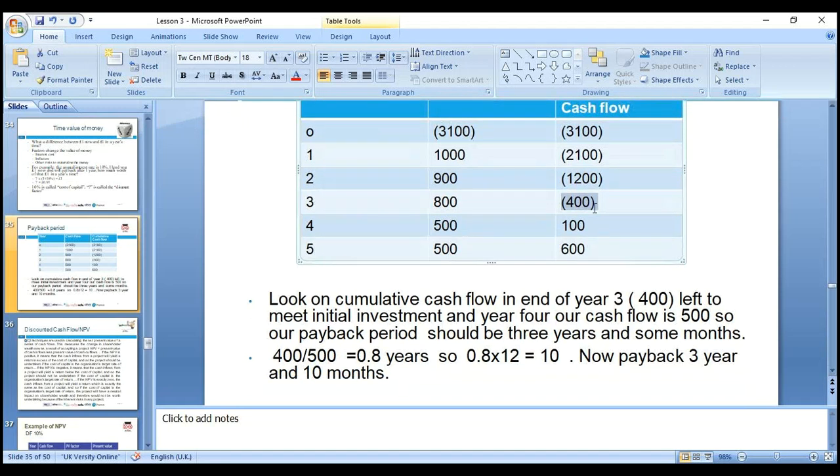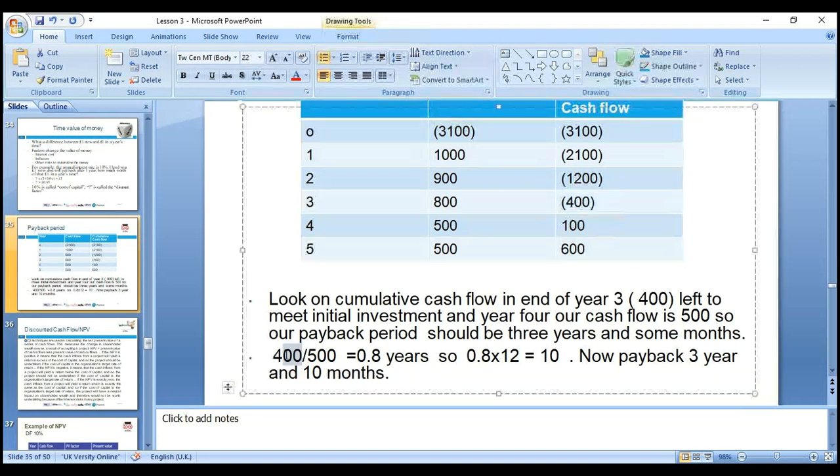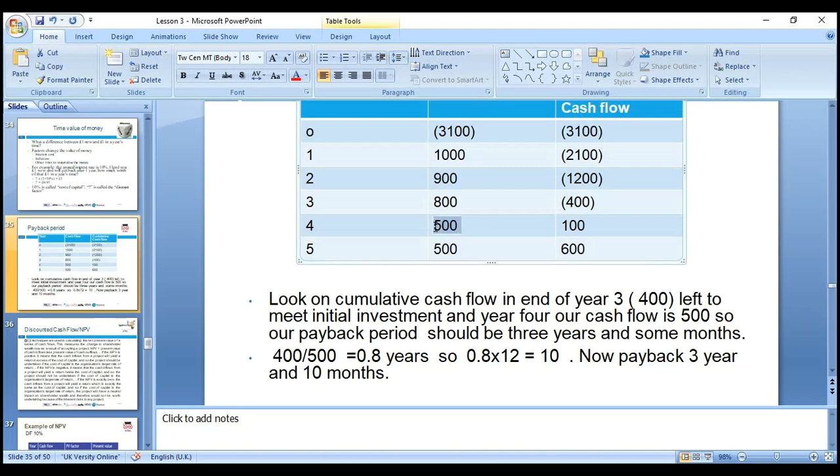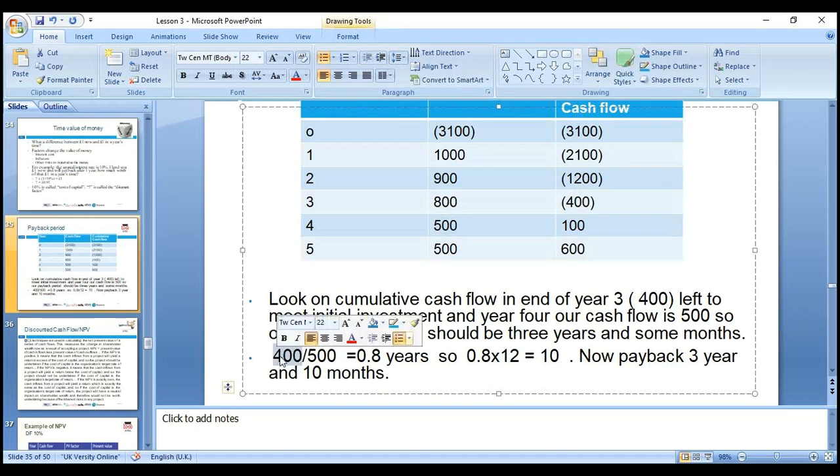So there is a formula. The outstanding amount to cover: how much is outstanding? 400. In the following year, how much am I getting? 500. So 400 divided by 500, and then you times by 12, because there are 12 months in a year.